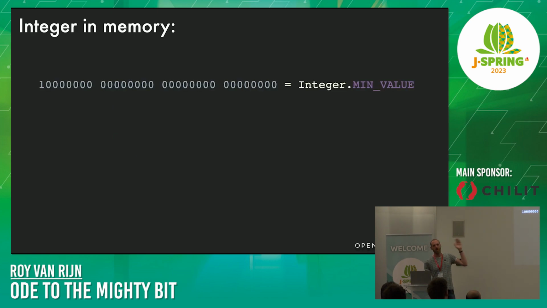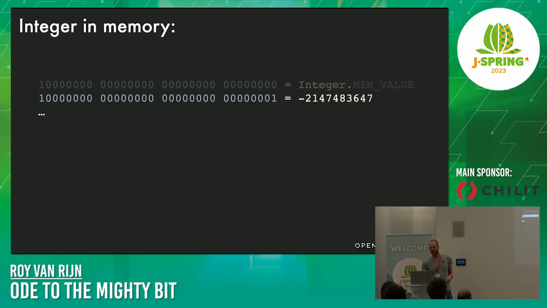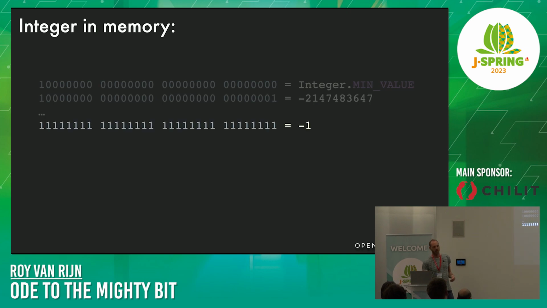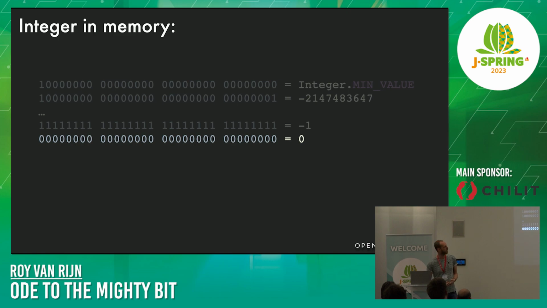If you have a 1 followed by all zeros, that's the lowest negative number you can have. So the 1 means it's a negative number, and all zeros is the lowest negative number. Then you start with 1 and 2, and you start to add numbers until everything is a 1. That's -1. And if you add 1 more, it automatically overflows into 0.